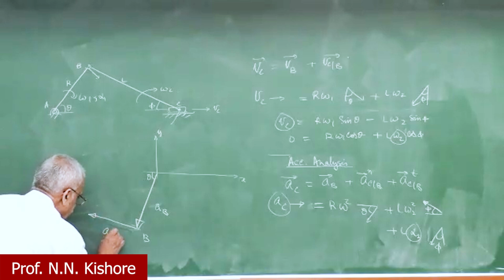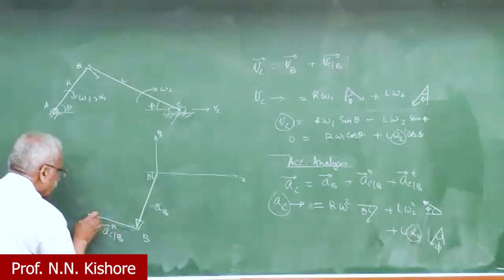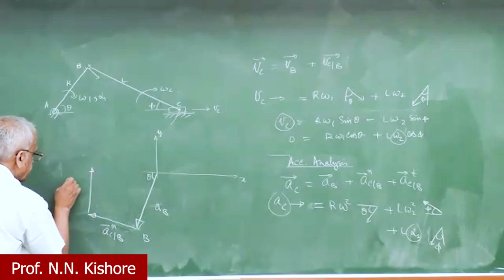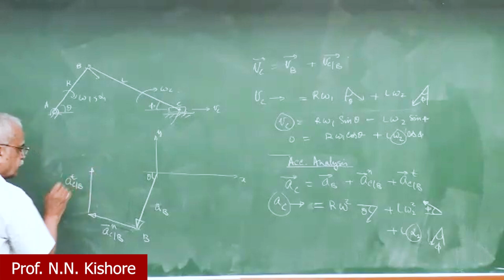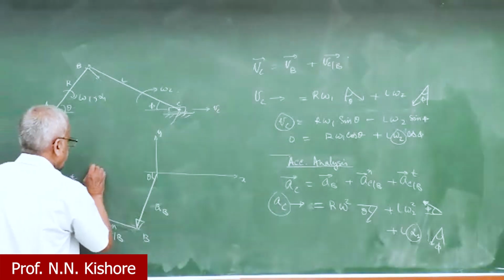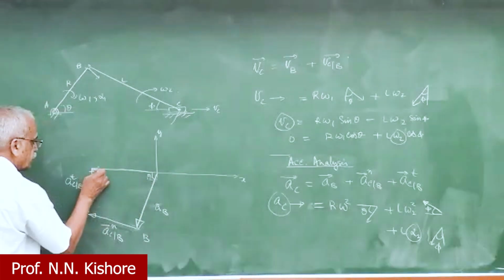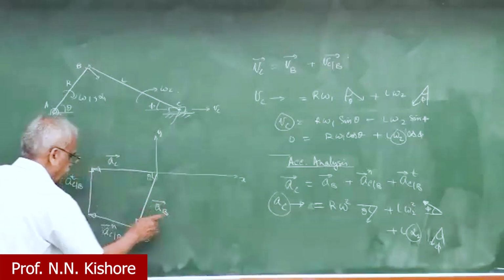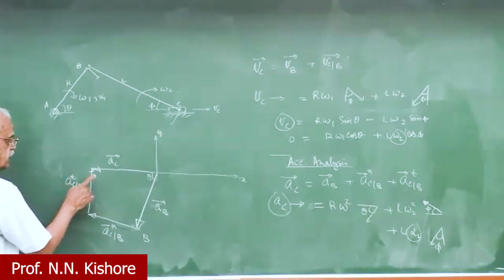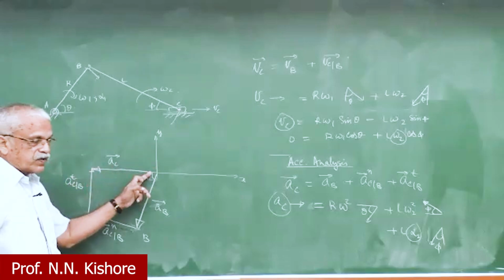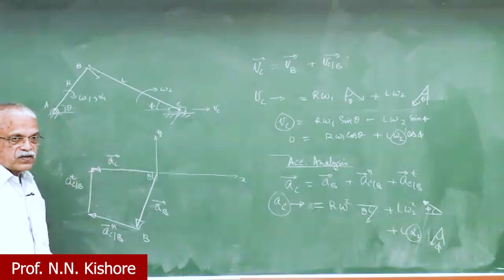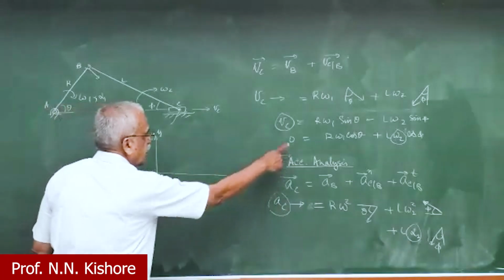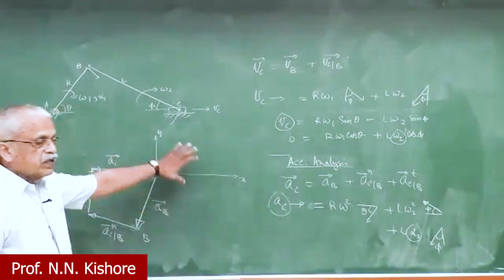So this is C with B normal, and then we have C with B tangential. Finally, adding all three components, B, C with B normal, and C with B tangential, you should end up on the horizontal line again, because the acceleration of C is horizontal. So this is either this way, or in component form, it is all the same.